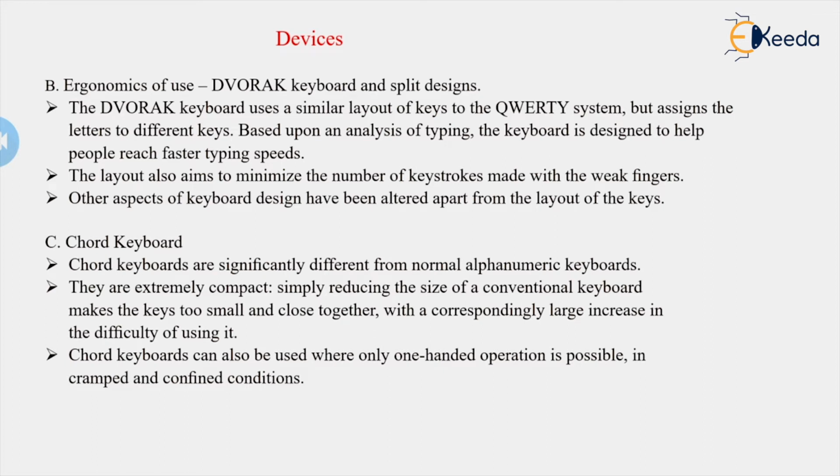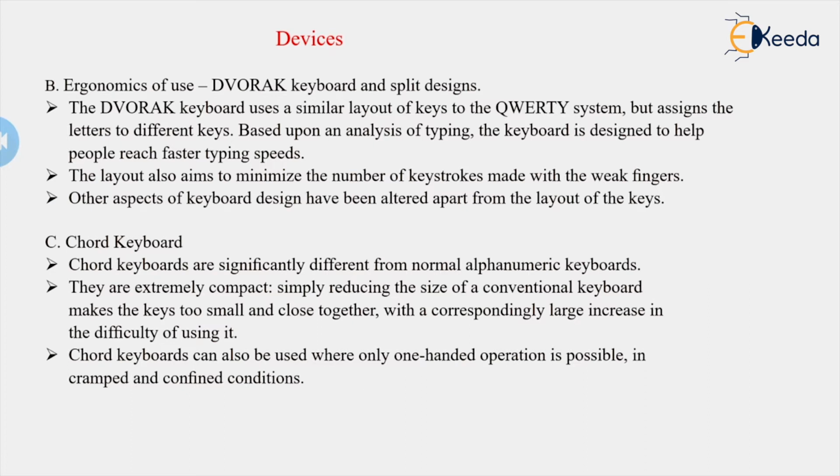It is about how the keys are typed, maybe reducing fatigue and increasing speed. The layout also aims to minimize the number of keystrokes made with the weak fingers. We are not going into how weak fingers work. Typing on keyboards for a long time causes finger pains.